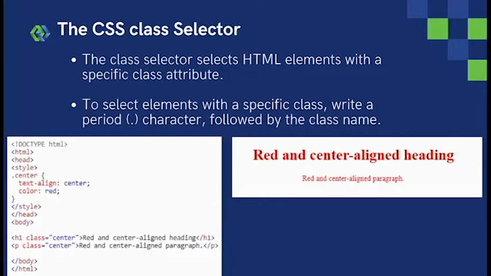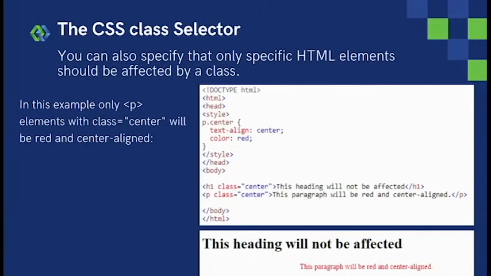So next, you can also specify that only specific HTML elements should be affected by a class. So in this example, only P elements with the class center will be red and center aligned.